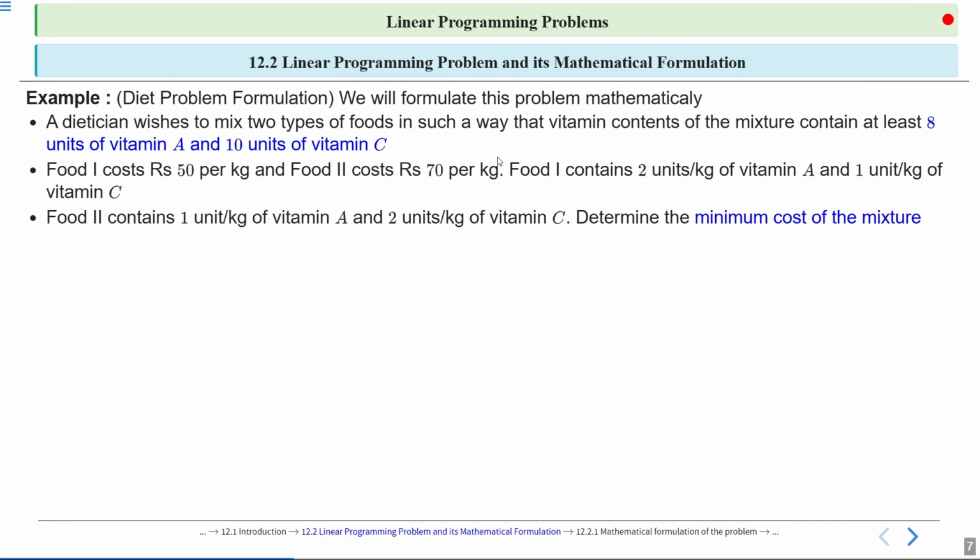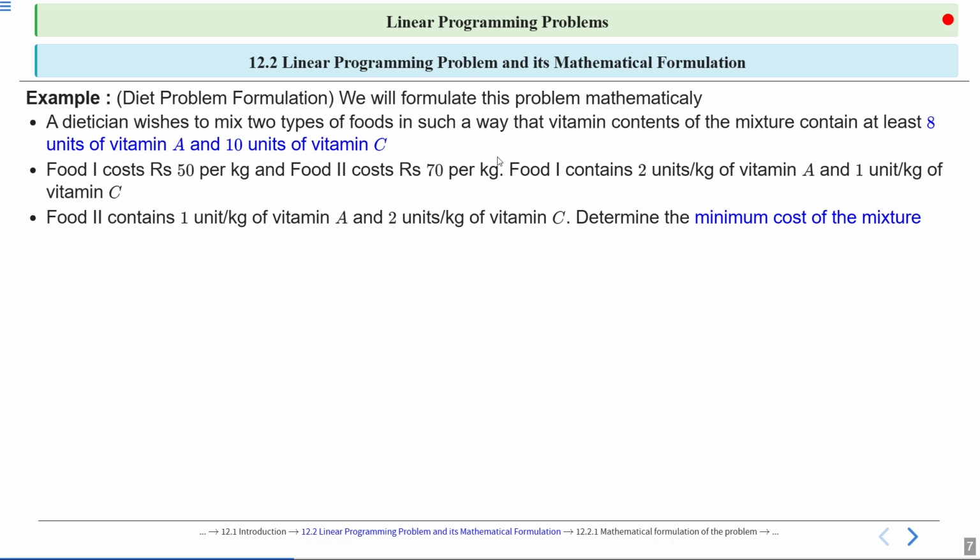So now let's look at this example. A dietitian wants to mix two foods to meet vitamin requirements. Food 1 costs 50 rupees per kg and has 2 units of vitamin A and 1 unit of vitamin C. Food 2 costs 70 rupees per kg and contains 1 unit of vitamin A and 2 units of vitamin C per kg.